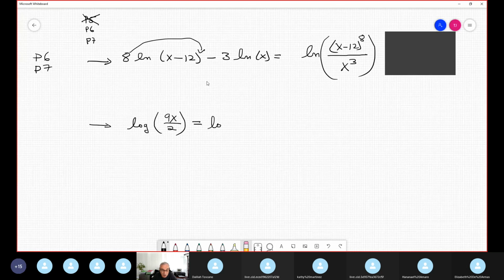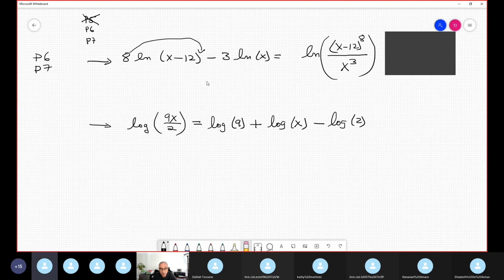So you separate: logarithm of 9 plus logarithm of x minus logarithm of 2. Why minus? Because it's division. Division is minus and multiplication is plus. In this case, no exponent. Okay, nice, no problem. And the base is completely missing. It's because I suppose 10. I suppose we are working with the common logarithm.